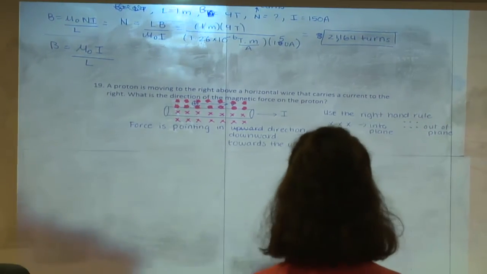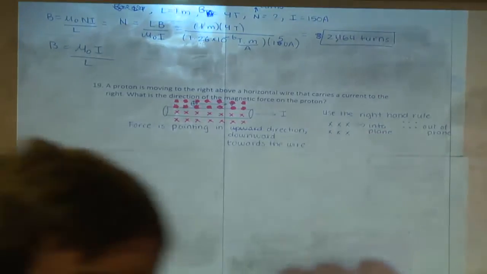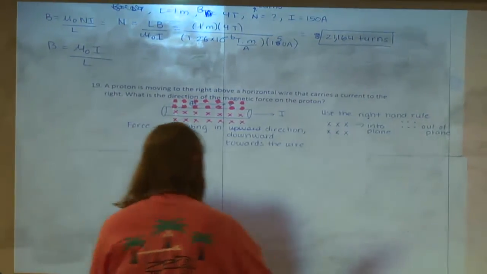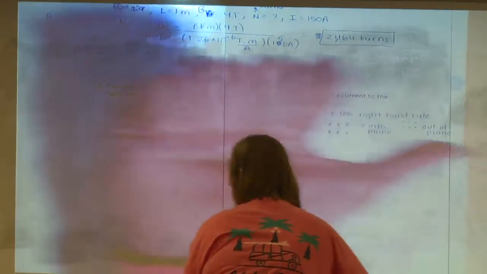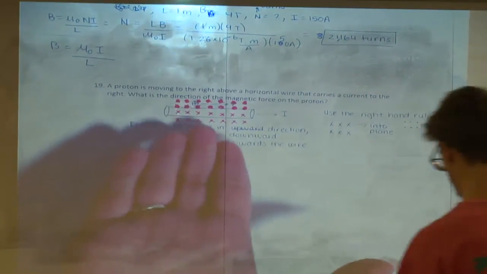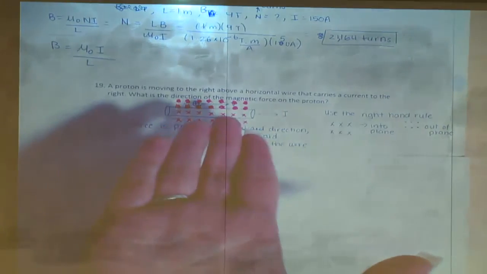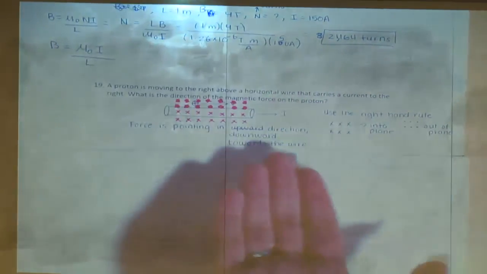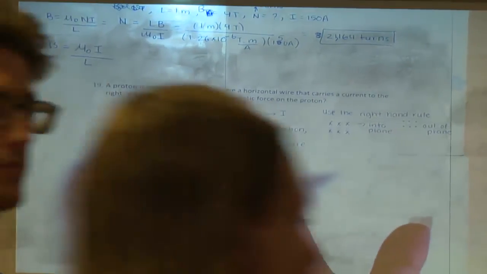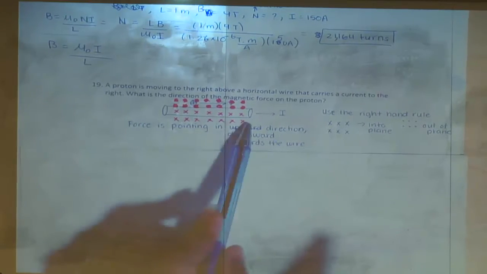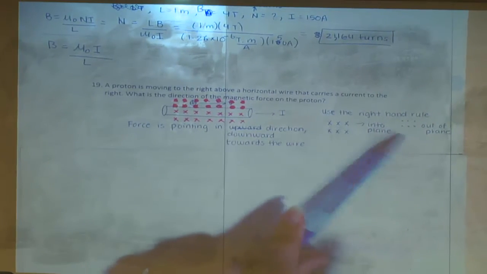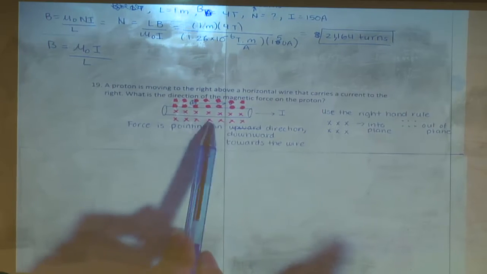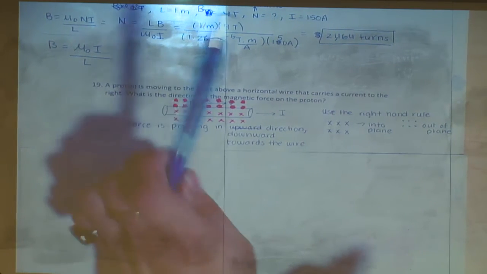Since my current is going towards the right, if I were to hold the wire, I'm going to curl my fingers like this. So it's going into the plane from this side, and coming back out from the other side. Dots are out of the plane, crosses are into the plane.